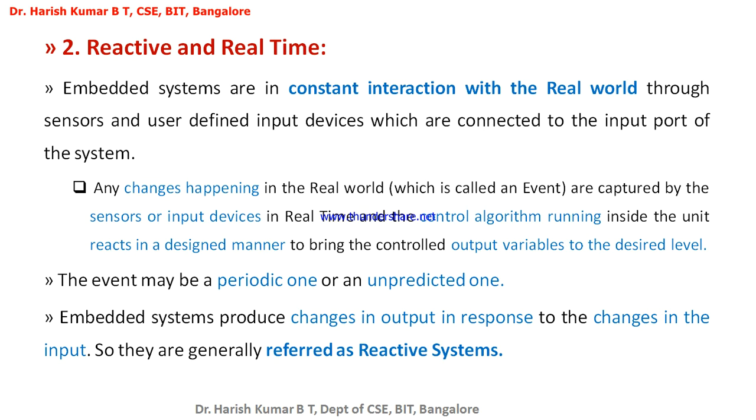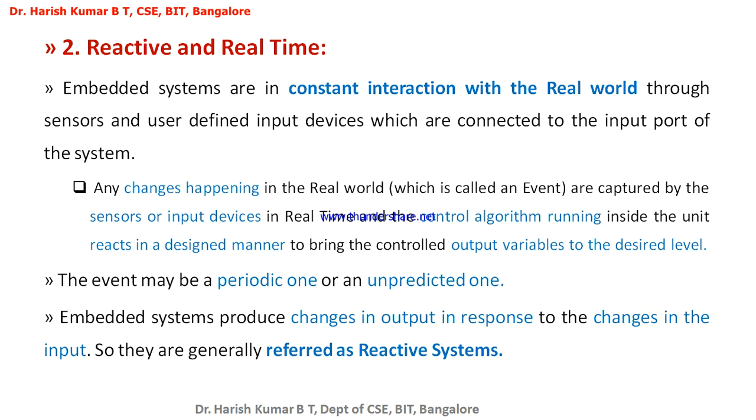And this embedded system, the firmware which is present inside it, is going to react in the manner in which it is designed to behave. And then by behaving in that manner, it's going to control the output variable to a desired level. Now, output variables are connected to the actuators, and we have already understood this in the previous contact sessions.